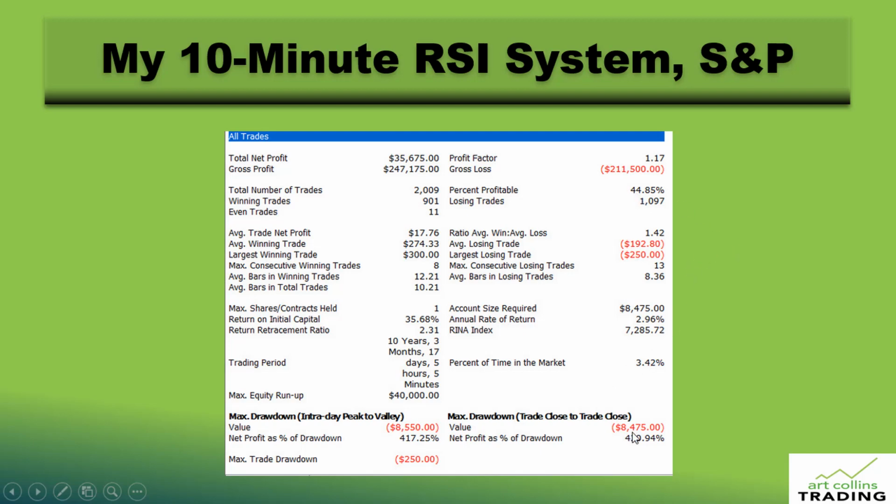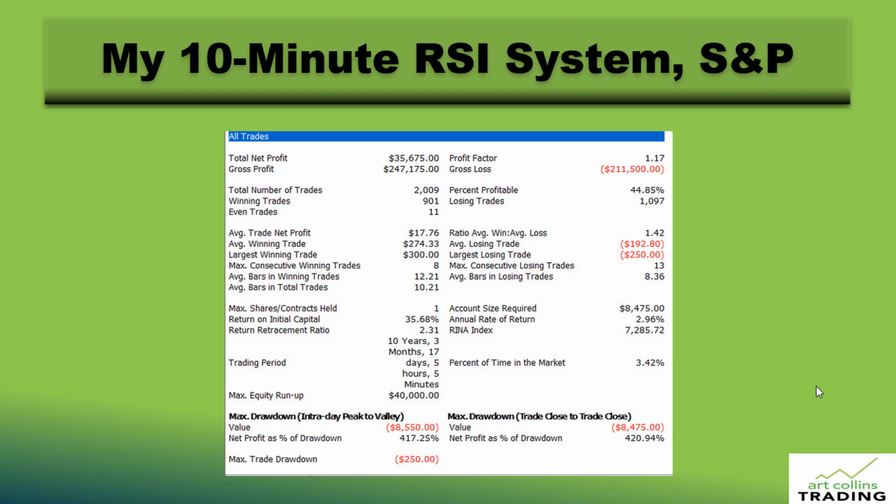Your worst drawdown is $8,475, giving you a return on account, that's your net profit divided by your worst drawdown, of 420%. That is what your account would have increased had your startup been $8,475, your worst drawdown.